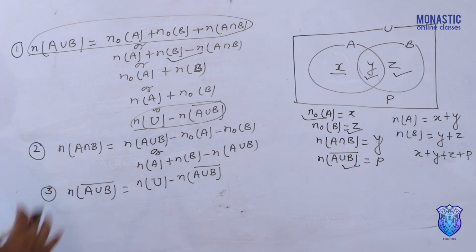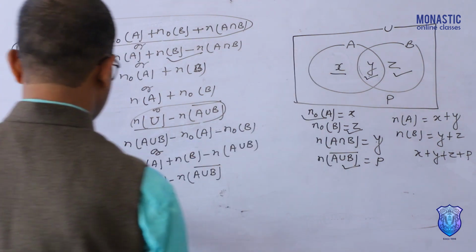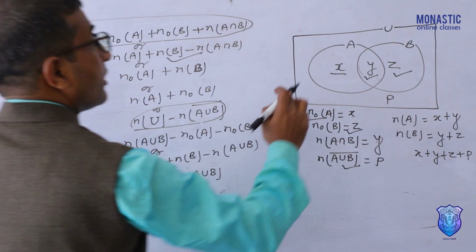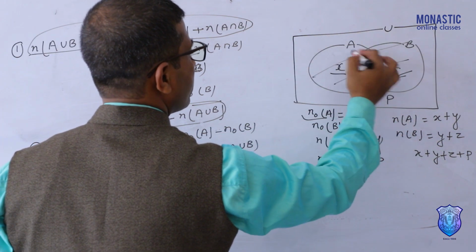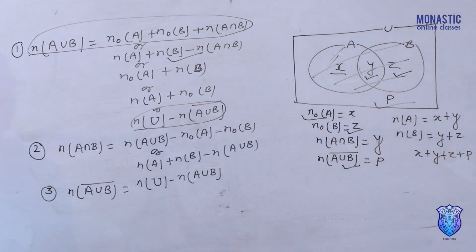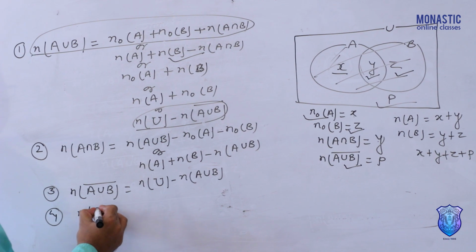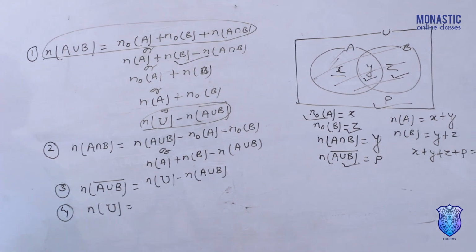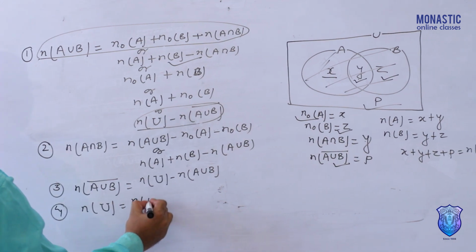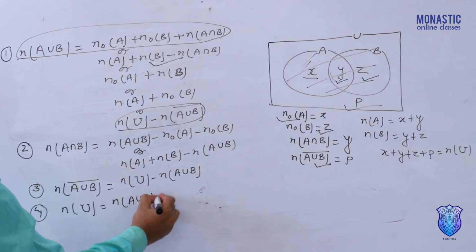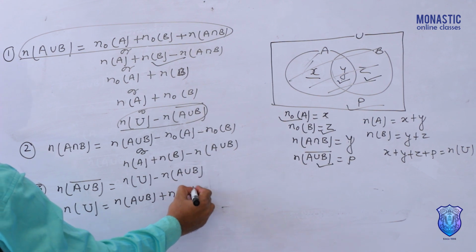And you simply know from the figure, that is A union B, the whole, equals universal minus union complement. For universal, from here, if we change the side, union plus union complement.